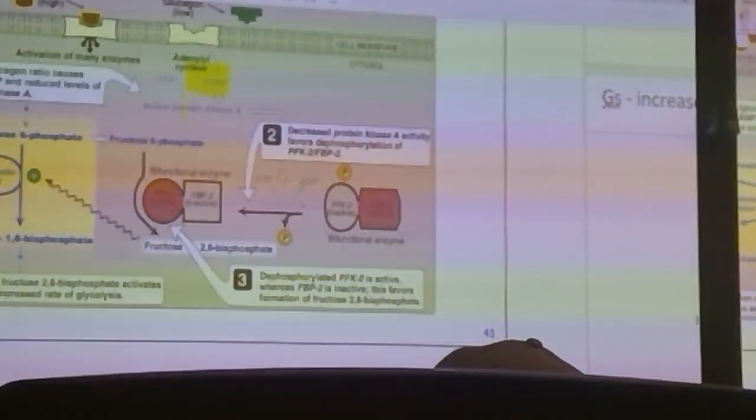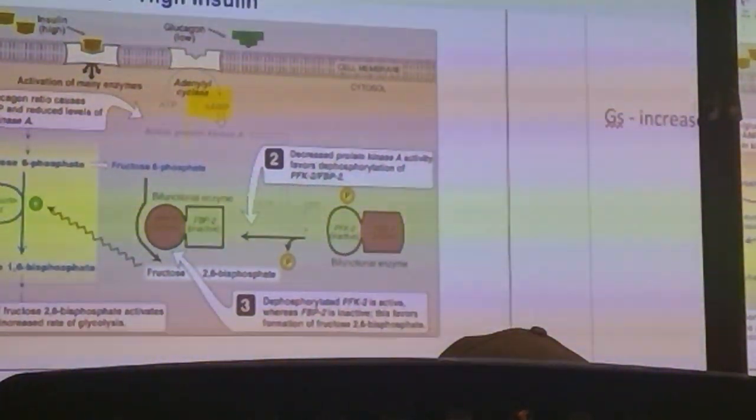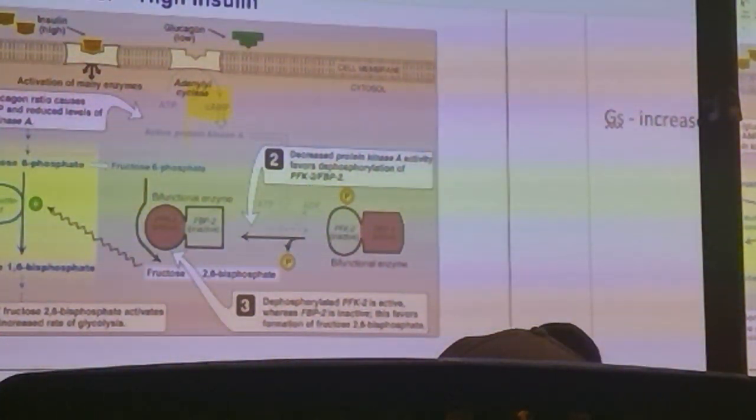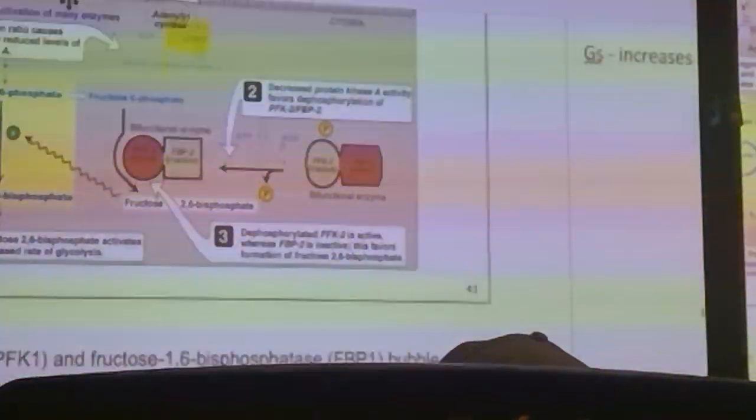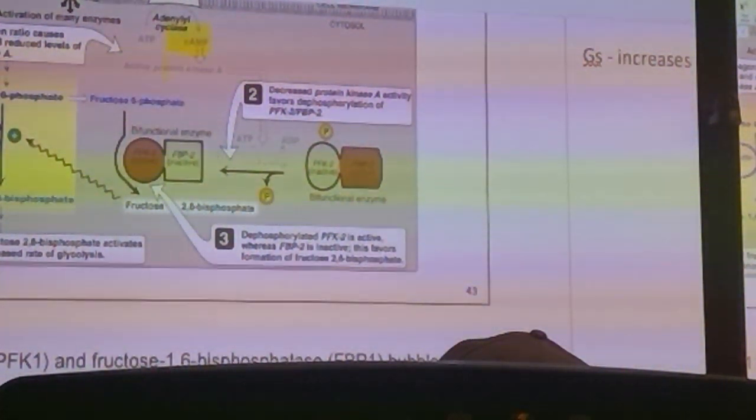The reason I'm telling you this is just remember that glucagon will phosphorylate stuff, while insulin will dephosphorylate stuff. So glucagon will phosphorylate the enzyme, which turns into fructose 2,6 bisphosphatase.